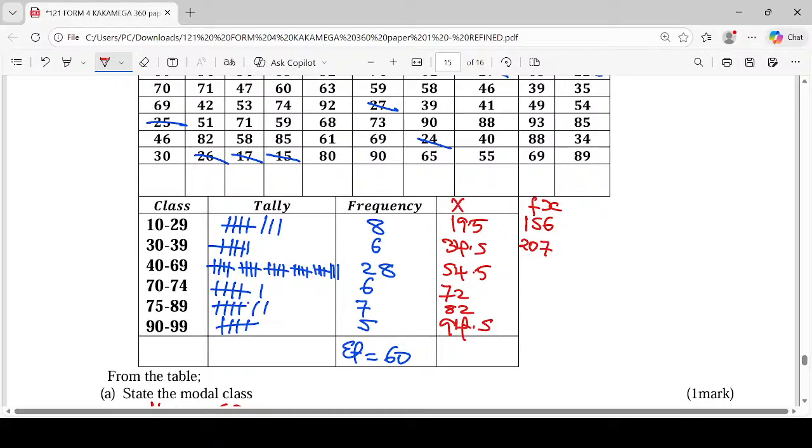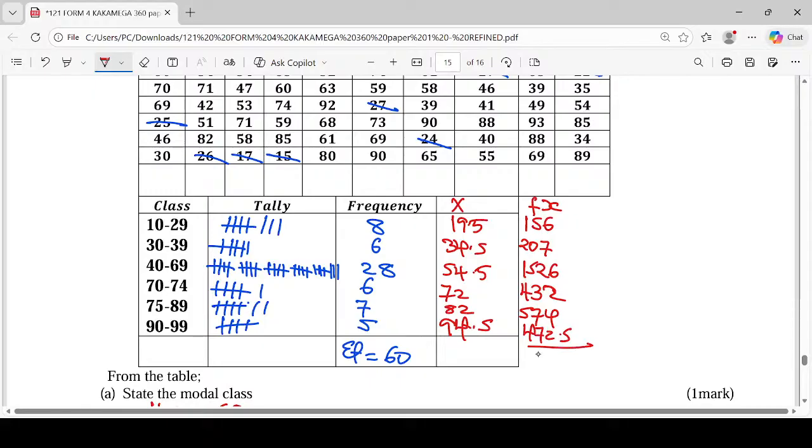Remember, statistics needs a high level of keenness. 28 times 54.5, that is 1526. 6 times 72, that is 432. 7 times 82, 574. 5 times 94.5, that is 472.5.